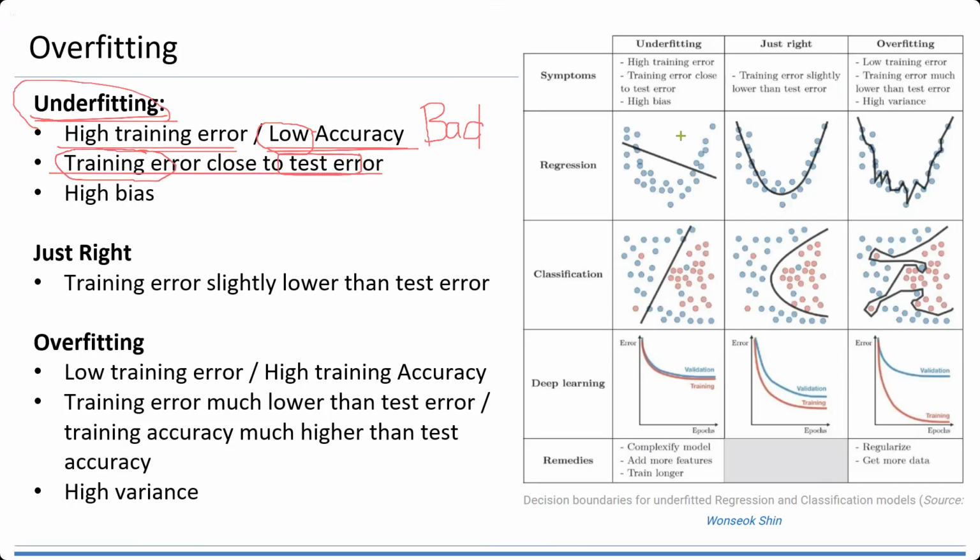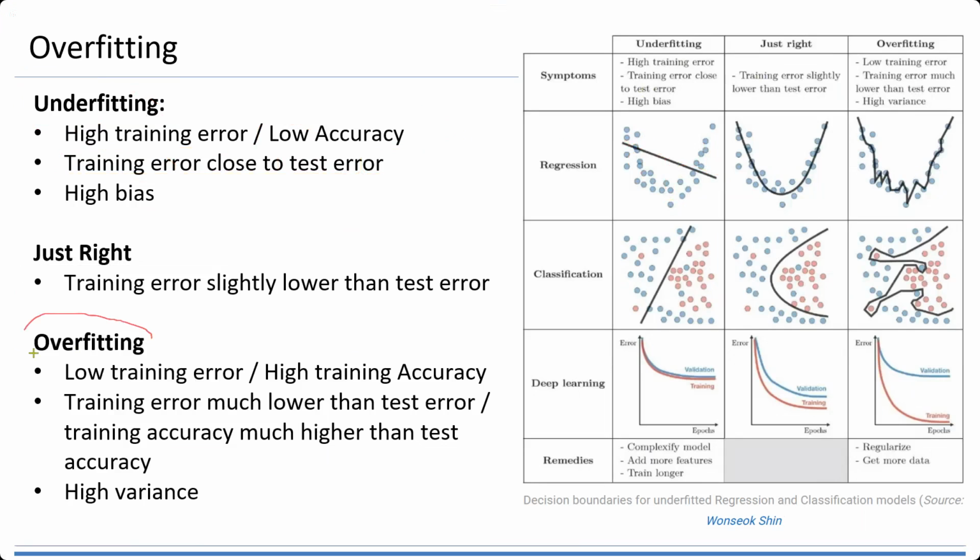We can see from this picture, from the regression, if you have this data, and let's say this is the model, the error will be very high. The error will be very high because the error means the distance between the data and the model. The underfitting, we can say this is high bias because this data is very far from the model. So the model itself does not represent the data.